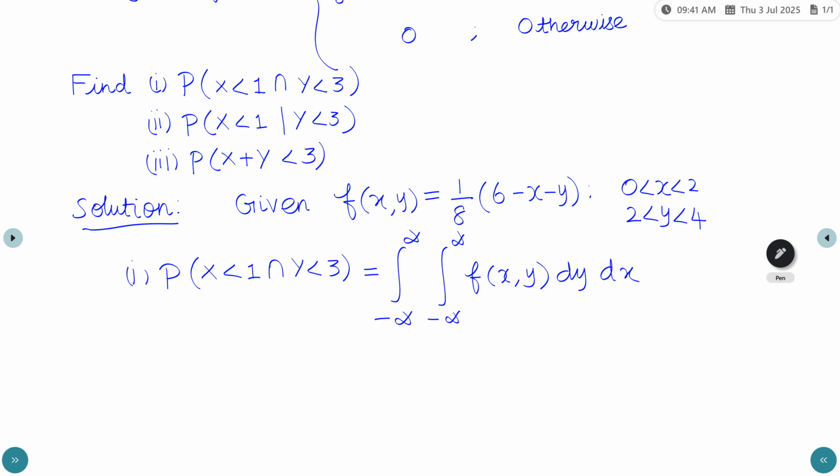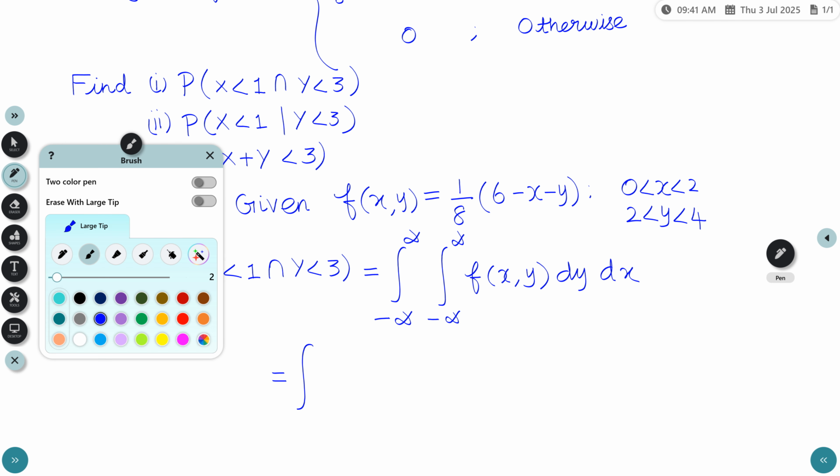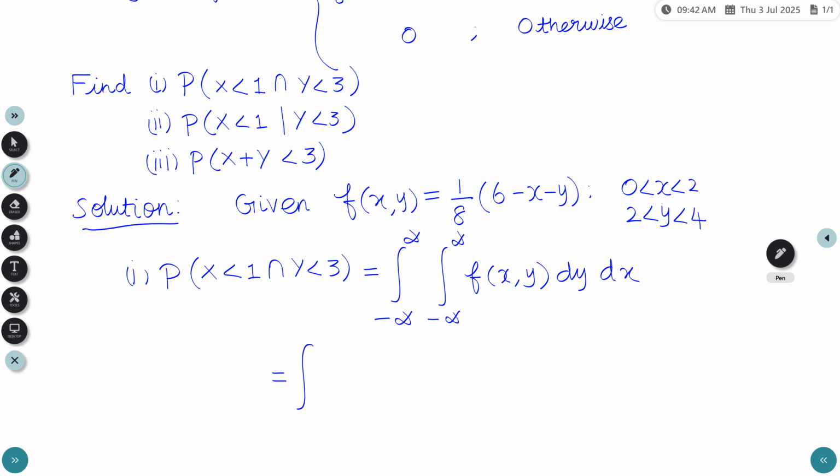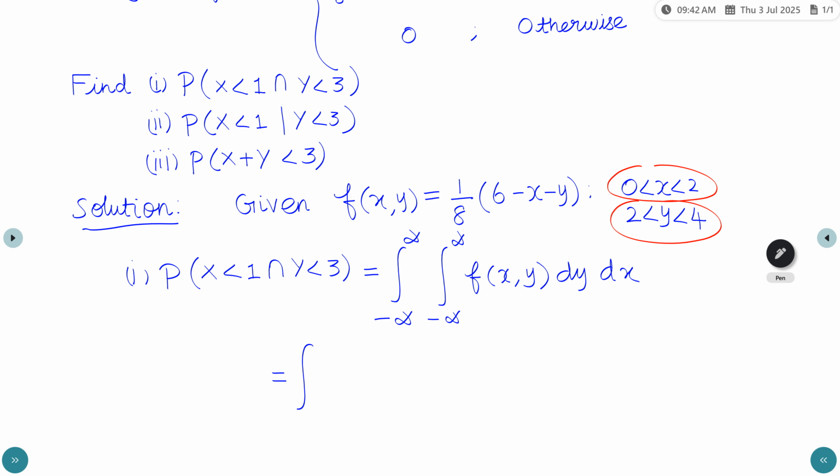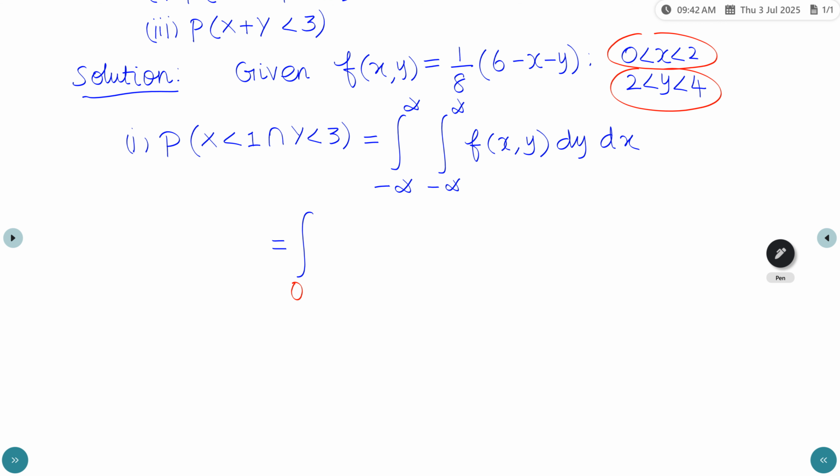So for this problem specifically, see here x value 0 to 2, y value 2 to 4. The limits of the integral for x are 0 to 1. Why? Because in general it is 0 to 2, but in this case they mentioned that x is less than 1. So 0 to 1.